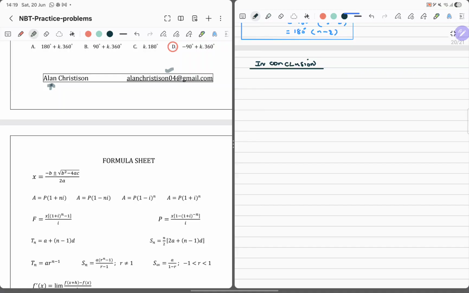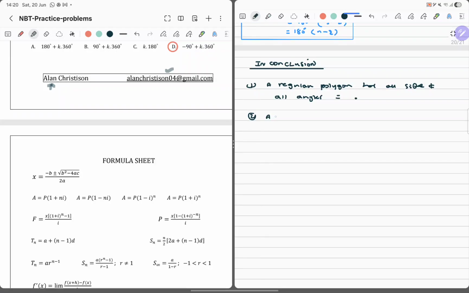If you know what a regular polygon is by definition, we can just say in number 1, a regular polygon has all sides and all angles equal.